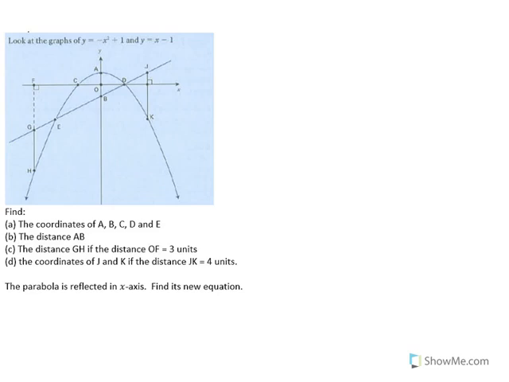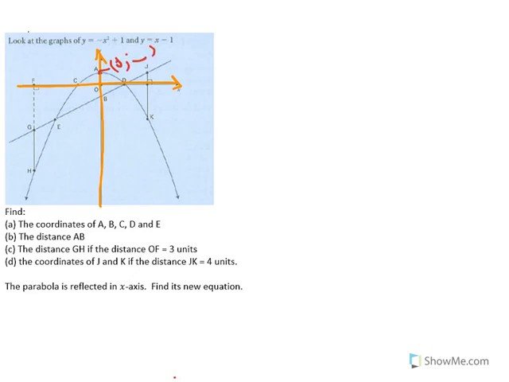What I like to do before I tackle questions like these is just to highlight for myself where my x and y axes are. I get very dizzy very quickly. Right, so if we look at A, it is the y-intercept of my parabola. And we know that a y-intercept has coordinates 0 and something.